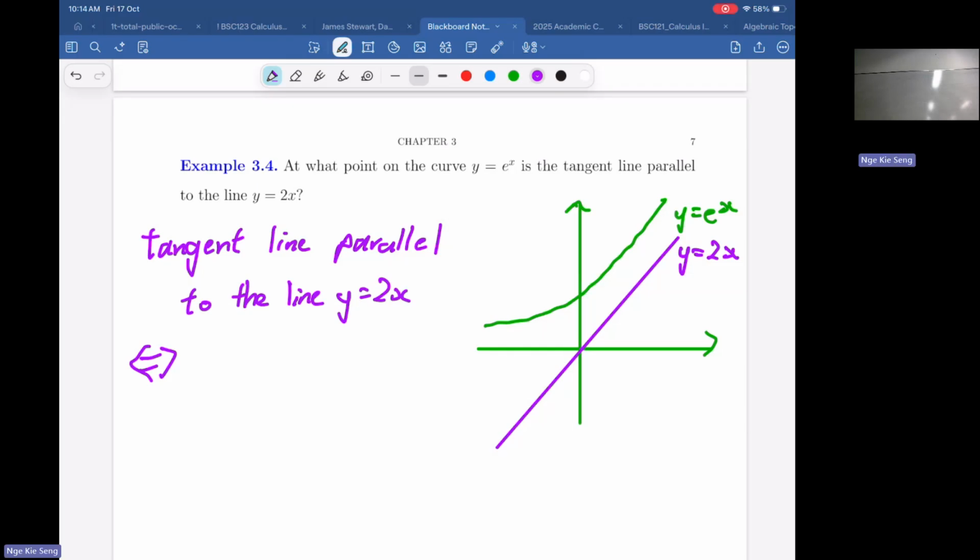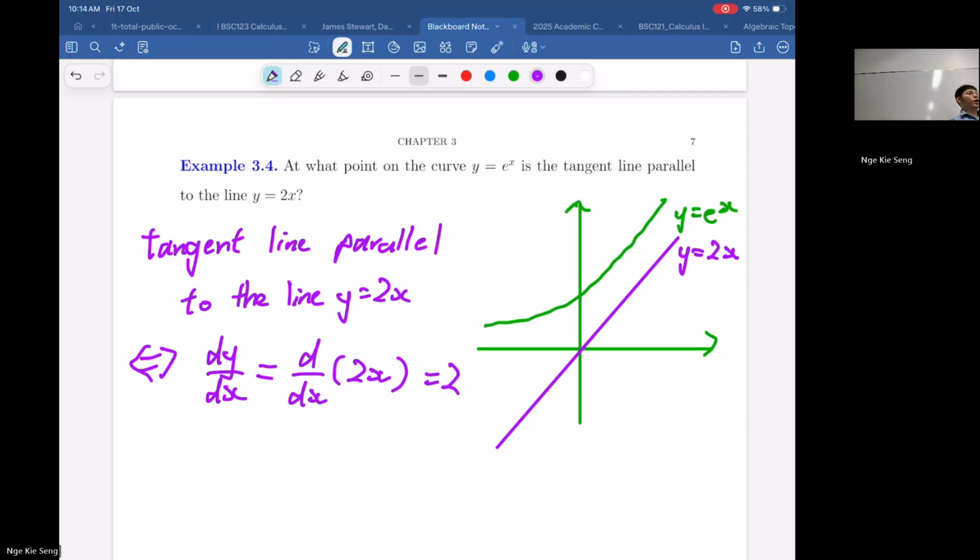So what does it mean by parallel to this line? What can you tell me about the gradient of this tangent line? What's the gradient? 2. So the gradient of this tangent line should be equal to the gradient of y equals 2x, which is 2. Okay or not?